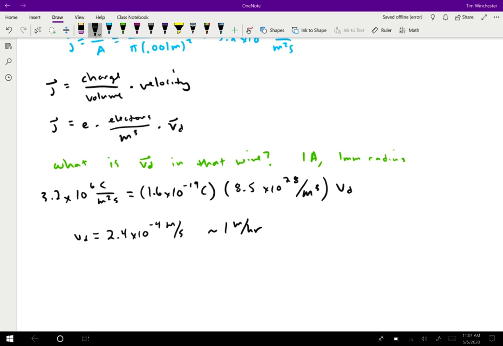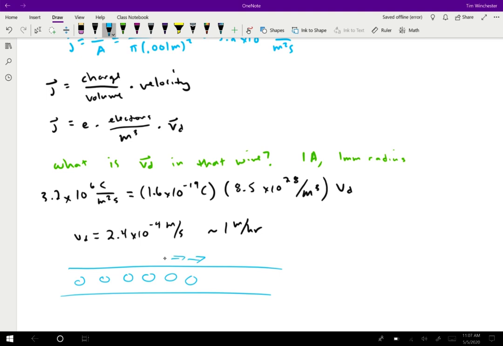And because each electron pushes the ones after it, even though the individual electron is not going very fast, that whole motion starts simultaneously. So you could imagine a line of cars, and this isn't exactly how it happens in real life, but imagine a line of cars stopped at a traffic light, that once the light turns green, they all start moving simultaneously. They don't have to wait for the one in front of them to move.